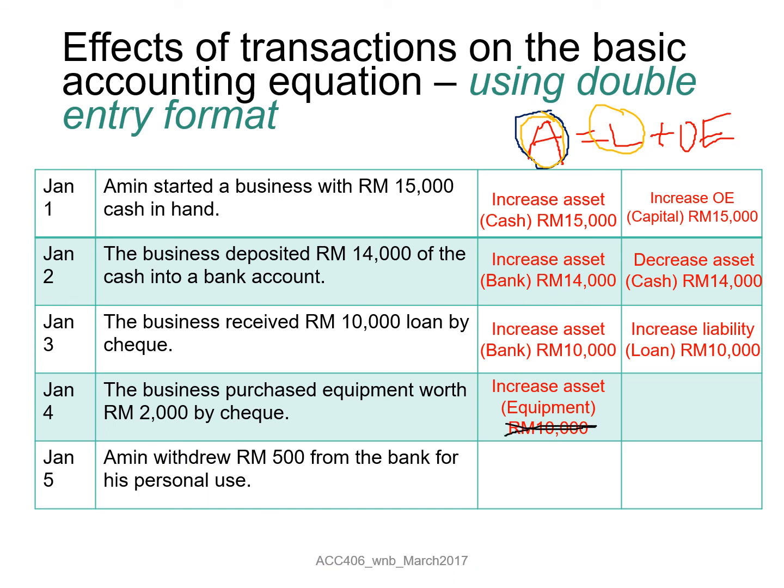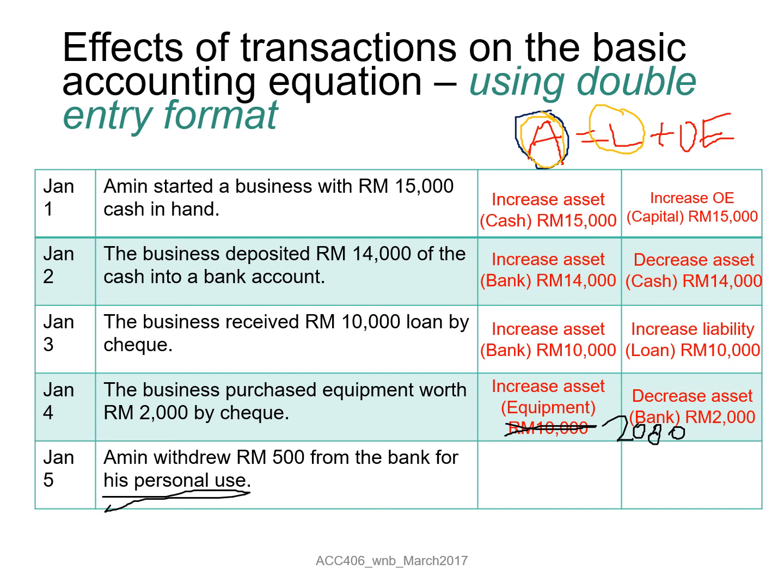And then, kita akan decreasekan asset, which is duit dalam bank sebanyak 2,000. Okay, nanti betulkan ya.